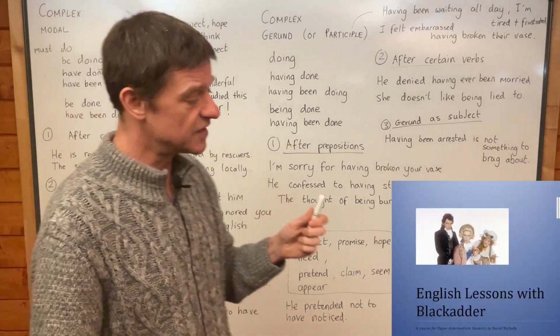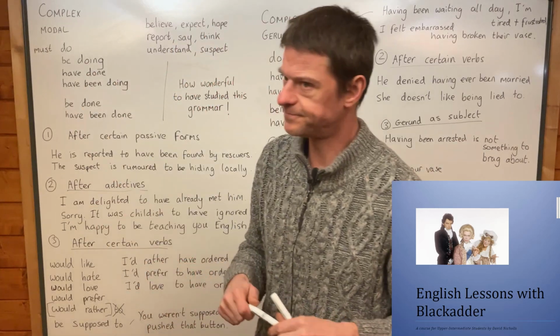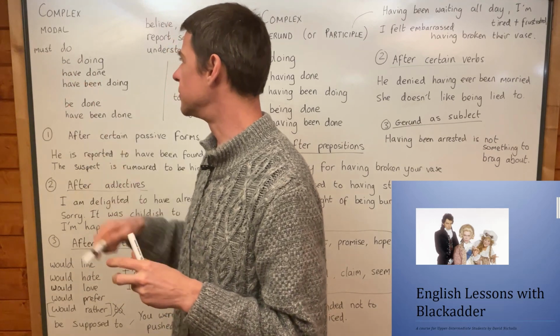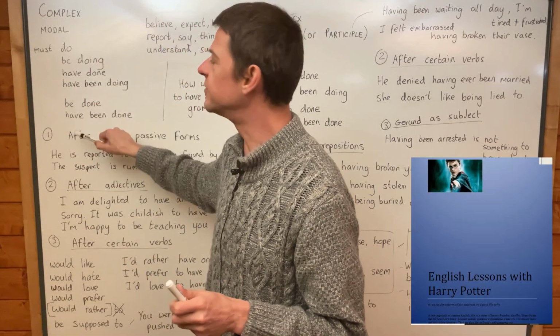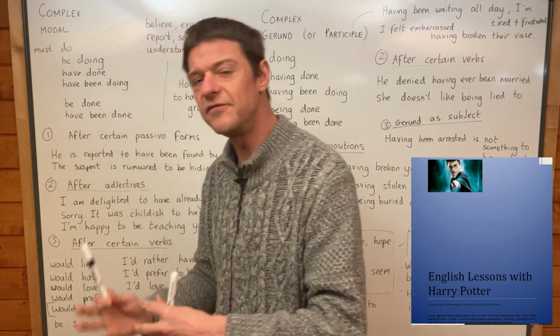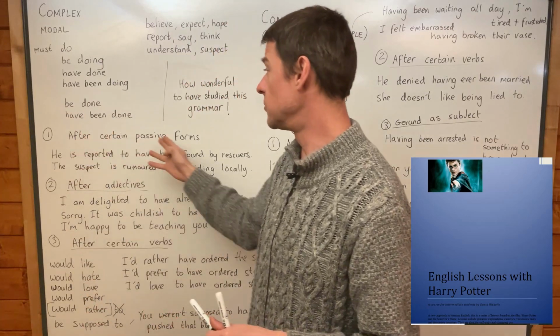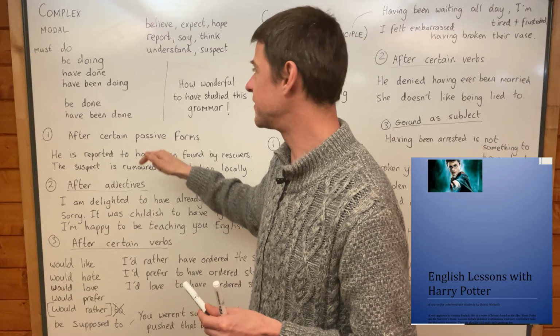And we use bare infinitive after modal verbs. However, it's not just the bare infinitive, must do, that we use after modal verbs. We can also use these other forms, and we have seen this in a previous class. We saw this when we were looking at other exotic forms of the passive.